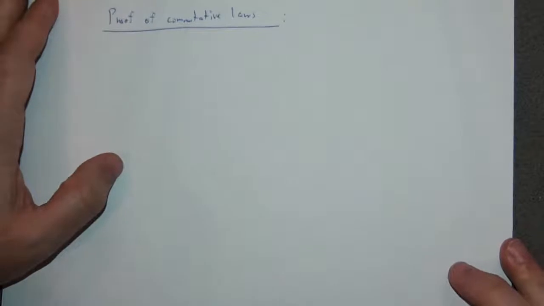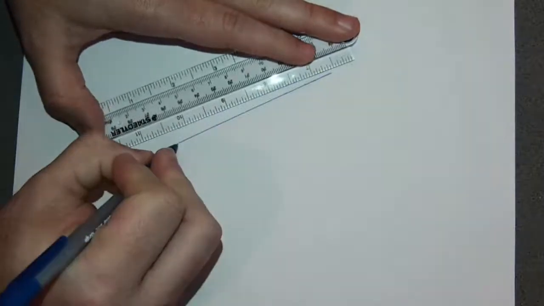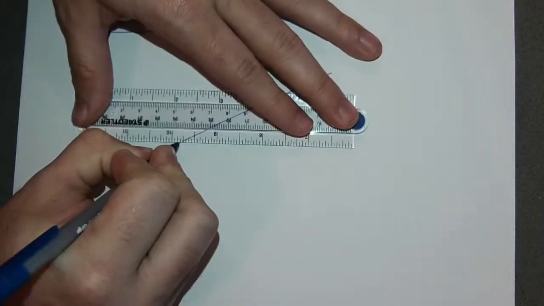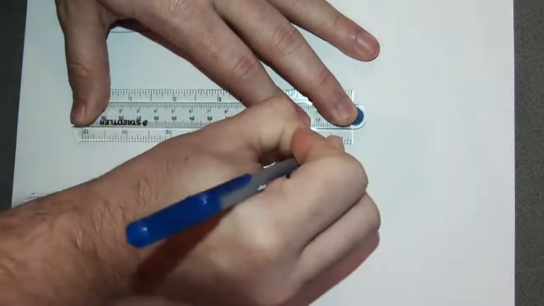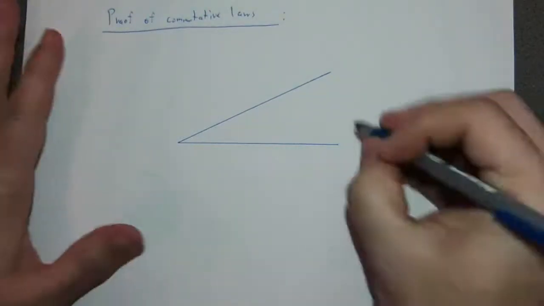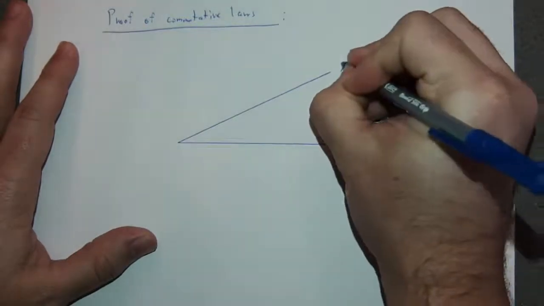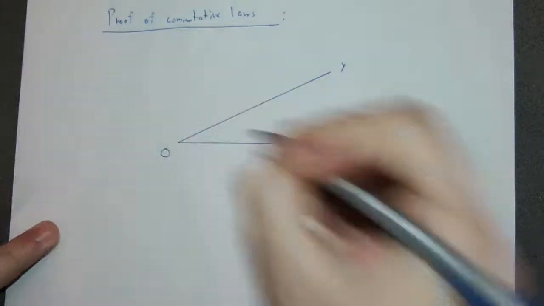So what is the proof of the commutative laws using these operations that we've constructed? Let's do multiplication first. So let's draw our typical x and y axes here. Okay. So this intersection point is my origin.